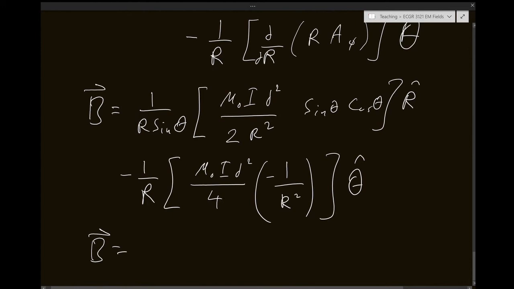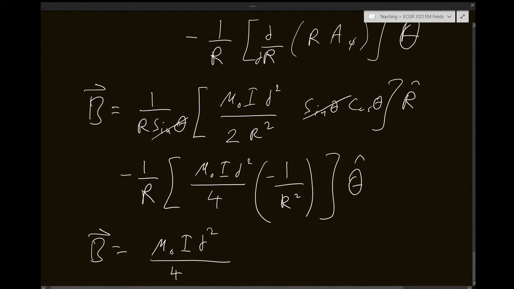Oh, by the way, sine theta cancels sine theta here, in this term, and then removing everything, mu naught I d squared. Let me make sure my computer doesn't die. Okay, mu naught I d squared over 4. So the common elements are mu naught I d squared, and then I have 2r squared, r cubed, and then here I have 4r cubed in the other term.